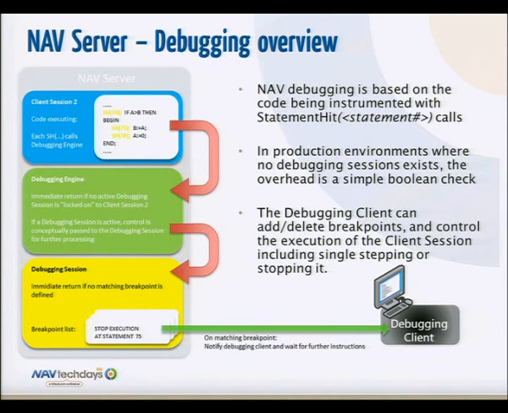The debugging engine is going to just look at a Boolean flag: is anybody debugging, yes or no? And if nobody's debugging, it's just exiting, so that you pay virtually no overhead in that case. If you do have a debugging session, then we're going to call into that, basically pause your execution, and have that debugging session decide what to do at this point. Like, do I have a breakpoint? Is there an error? And all of this good stuff, and that's communicated back to the debugging client.